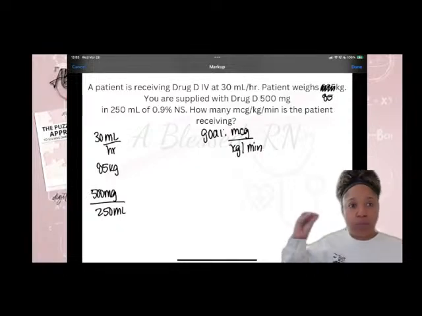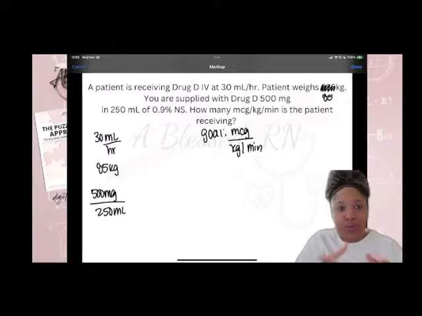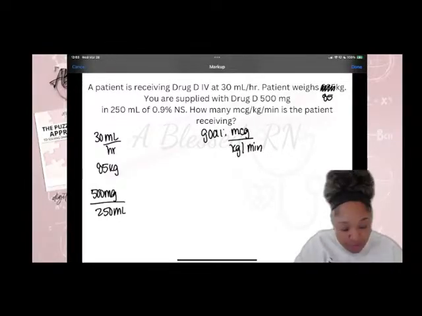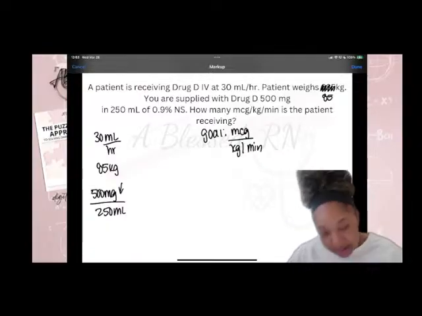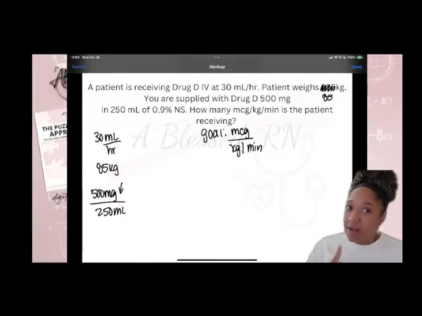So, what is the rule? The rule is to start with your goal, right? Do we have micrograms to start with? No. We got milligrams. What did I say to do? I said we're always going to start with the goal first, right?